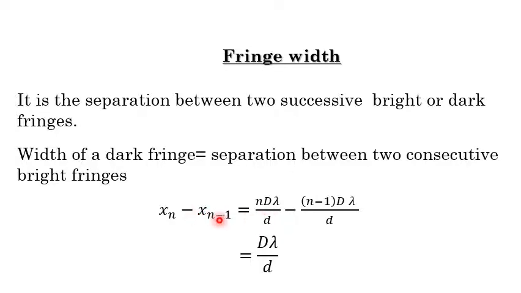So the (n minus 1)th order bright fringe will be (n minus 1) D lambda by d. Fine. If you simplify this, we will get D lambda by d. So what is the width of the dark fringe? It is D lambda by small d.